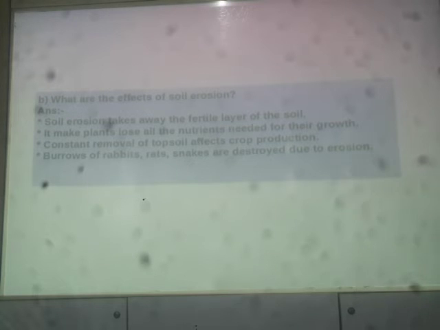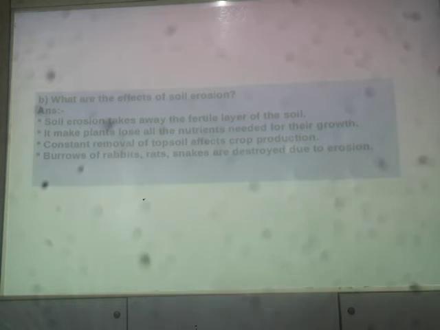If these fertile parts are removed, then plants lose the nutrients needed for their growth. So plants can't grow well. Plants have stunted growth or less growth. No growth takes place in plants if soil erosion takes place.